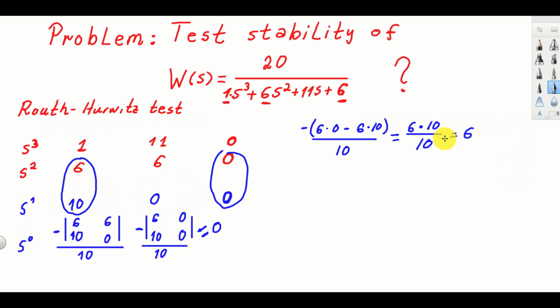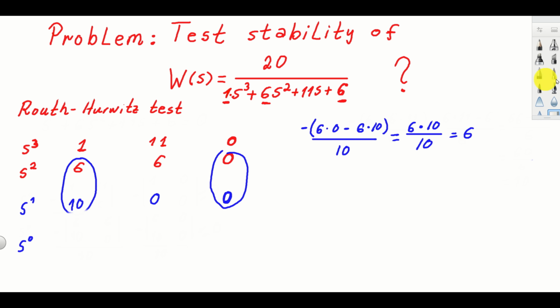And that's it. So let's enter the corresponding entries. Over here I will erase, and then I will enter the entries. This entry 6, this entry 0, and over here I will have 0.